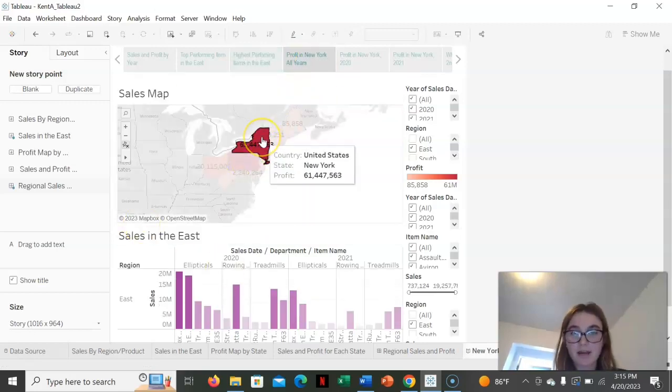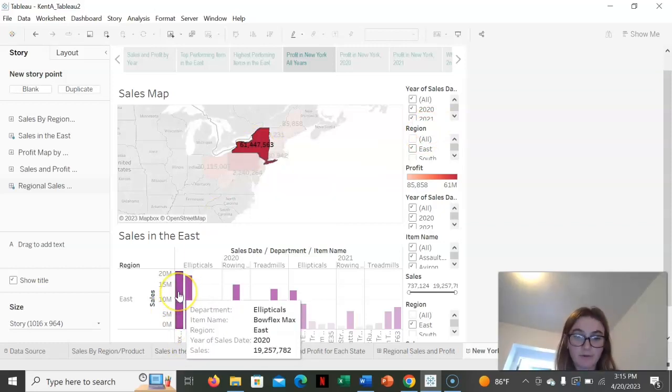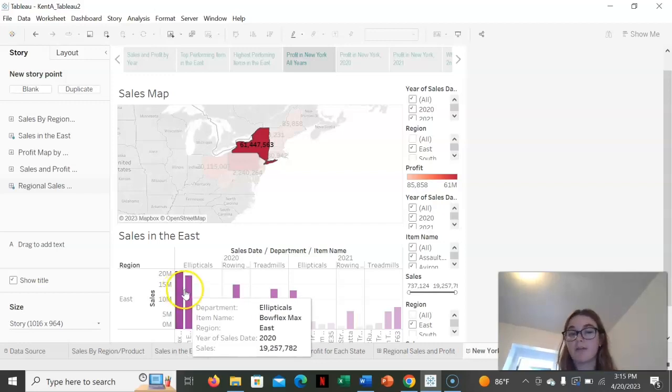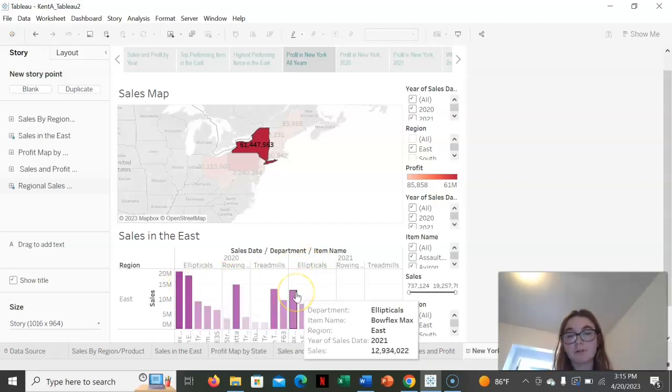And so right here I use the filter and click directly on New York, and it shows me here that the Bowflex Max had the most sales, but also the Horizon EX59 was not too far behind for 2020. But for 2021, the sales did go down for both products, but the Bowflex Max still remains the highest.